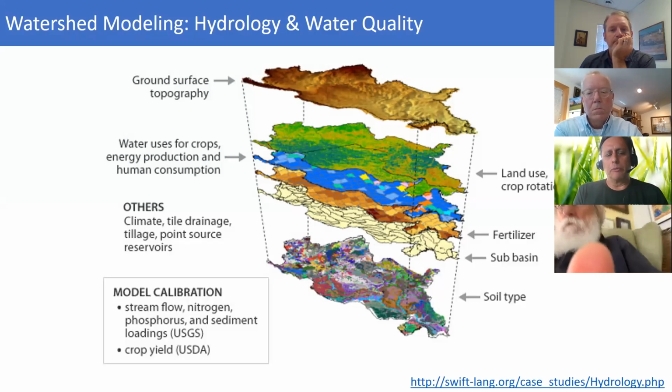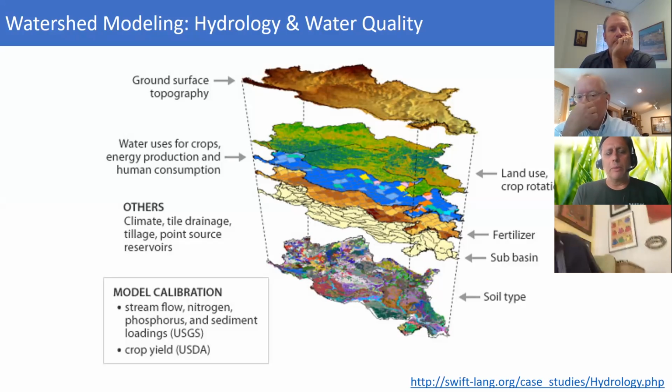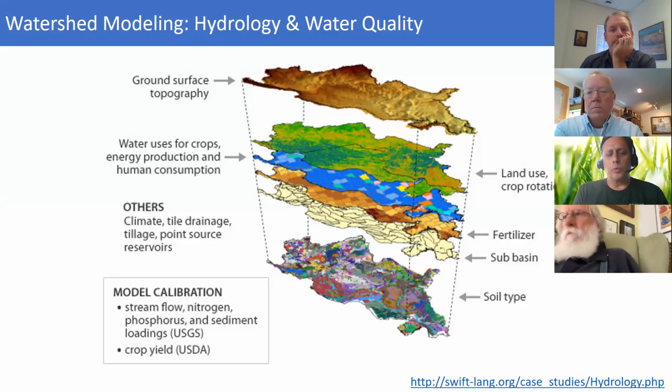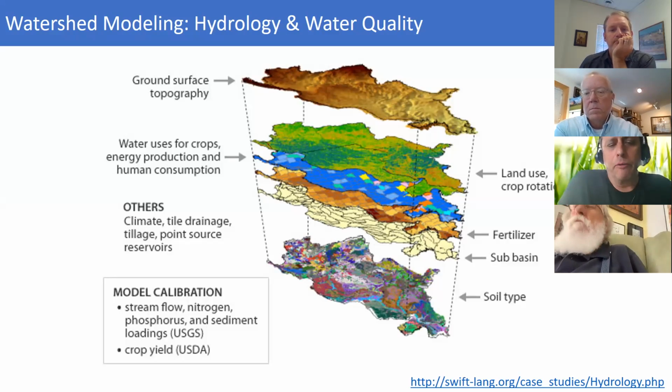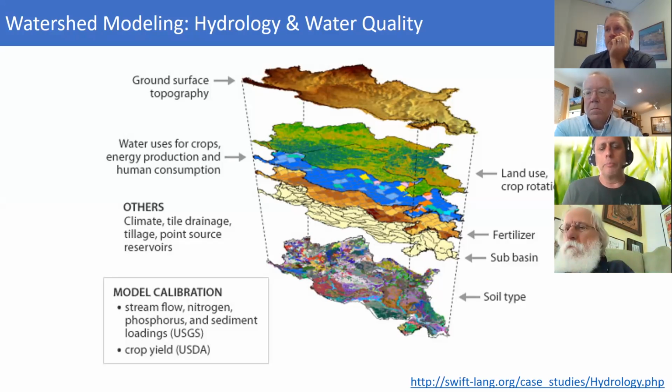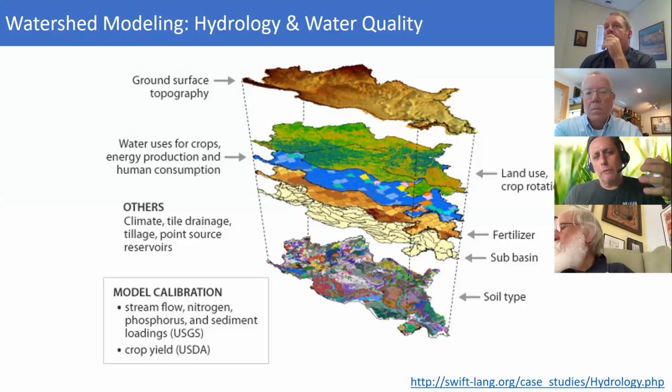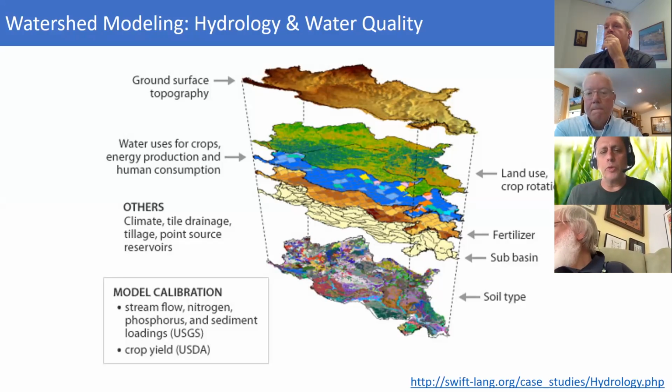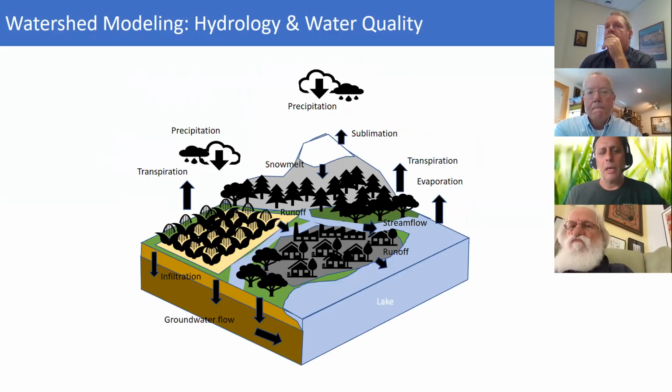The objective is to be able to make predictions about what happens to stream flow, nitrogen, phosphorus, sediment loadings, and in some cases we can also look at crop yield. That's just the layers of information that we use for any watershed modeling, regardless of the model.